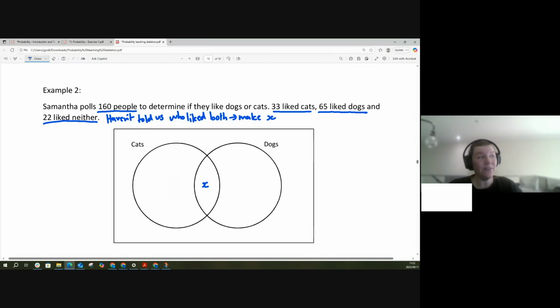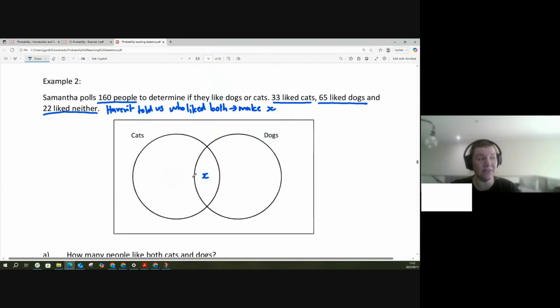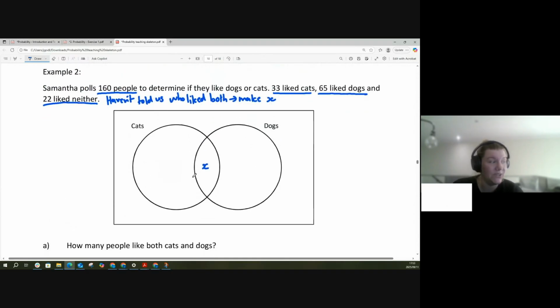So, Boo, the first goal here is to actually draw this as a Venn diagram. So they would have asked you here how many people like both cats and dogs. So if we want to know who likes both cats and dogs, we have to find X. But if they don't ask you that explicitly, then yes, even if they're asking you to just draw a Venn diagram, if there's an X involved, you have to just find it and know that that's what you have to do.